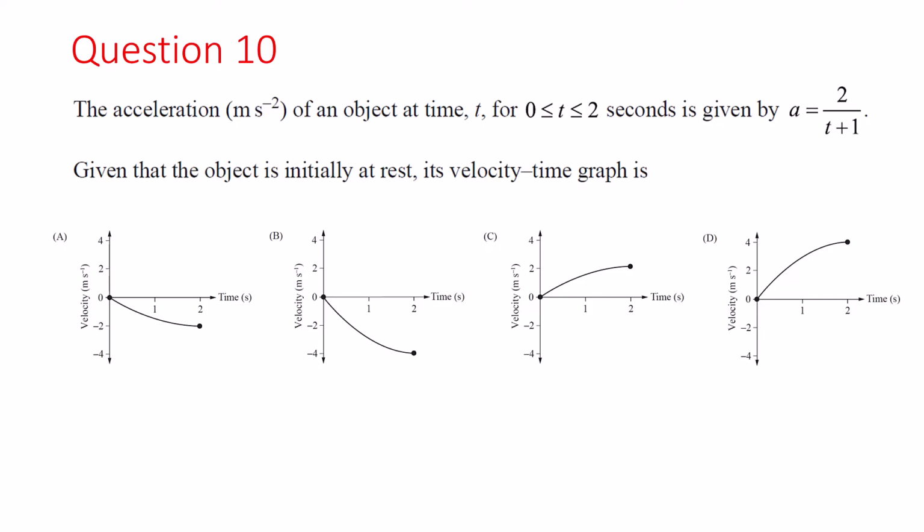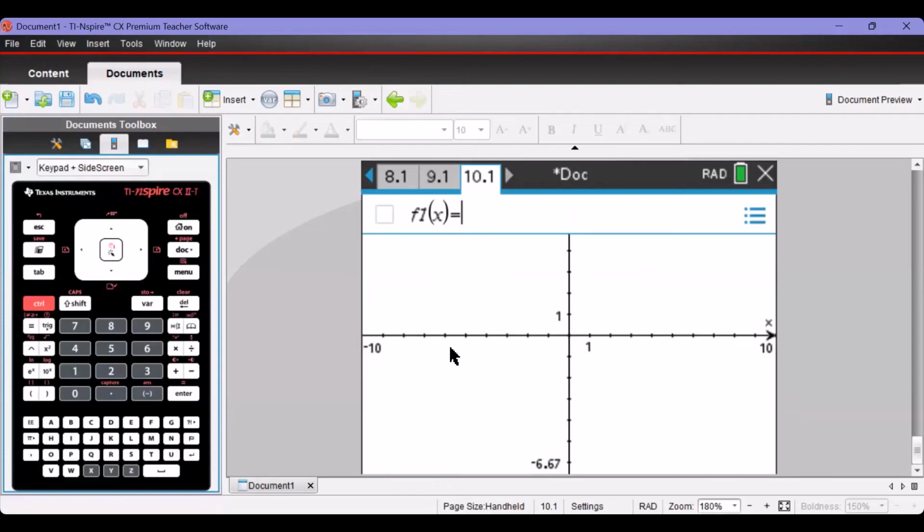So let's graph that, but recognizing that we can't use v and t. On a graphs page, we can enter 2 times the natural log, so Control e to the x there, and then x plus 1. Now, looking at the options, we can set up a slightly better window than what we've got here.